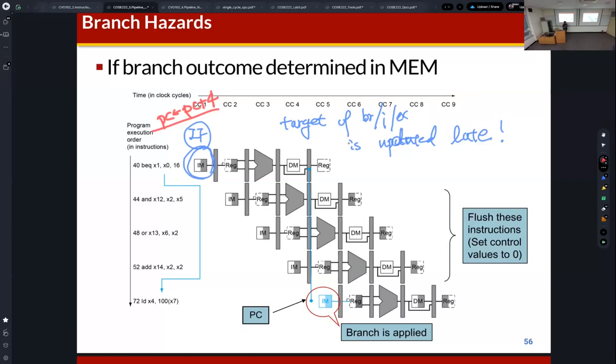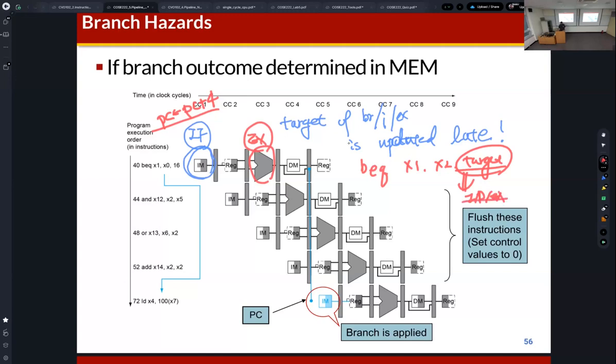Then when the branch instruction is executed, we can know the result of the branch in the EX stage, because the branch instruction is executed with x1 and x2 and target. So we can know the target of branch instructions in the ID or EX stage.